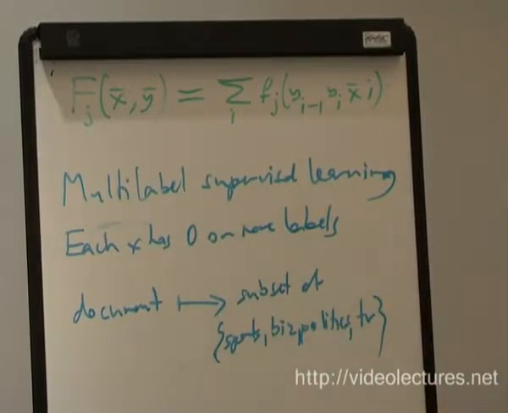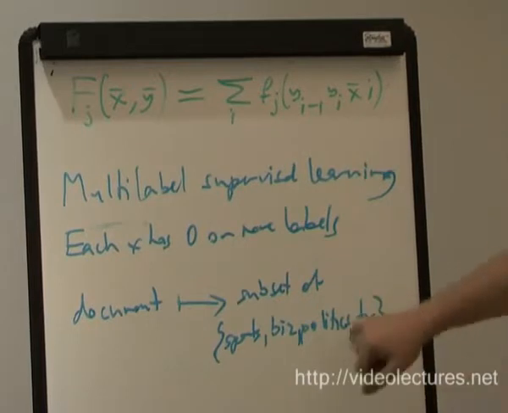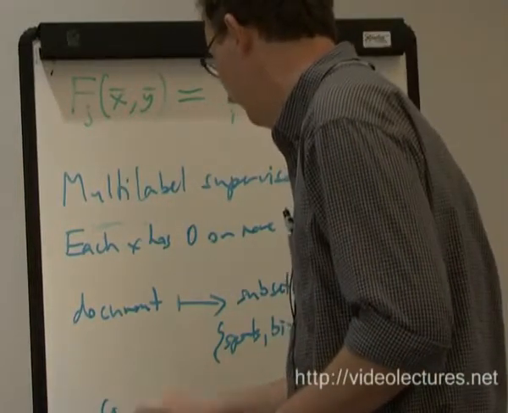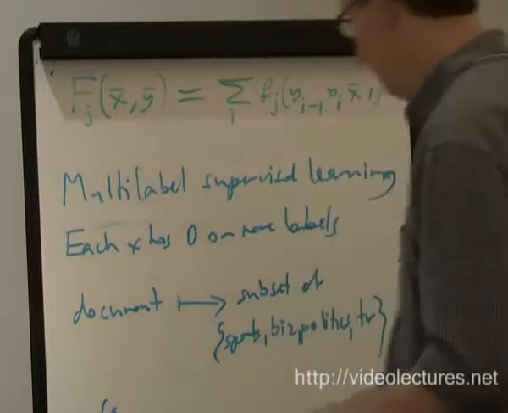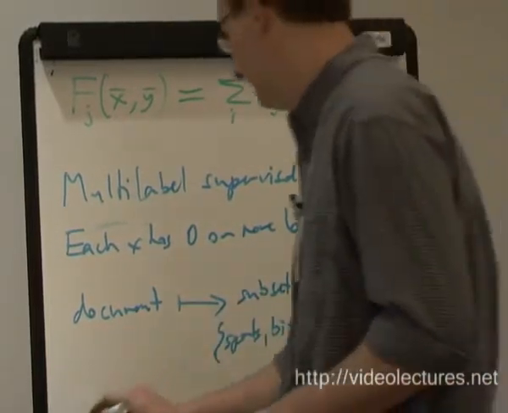So the multi-label supervised learning problem is learning to assign X's to 0 or more labels. If you have 10 classes, then how many possible combinations of labels are there?